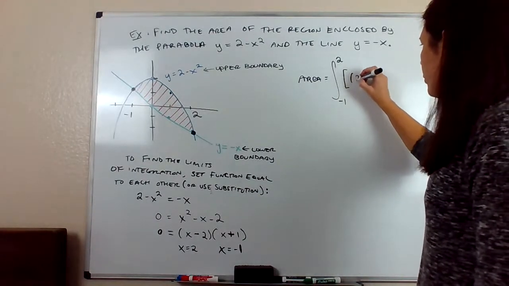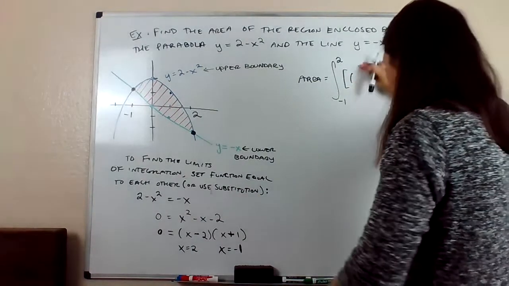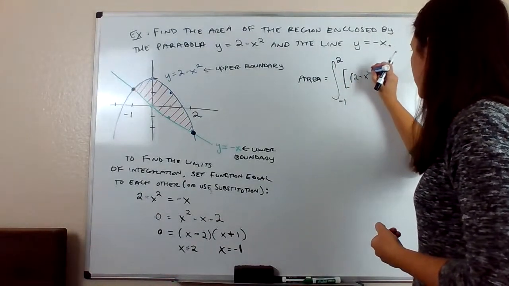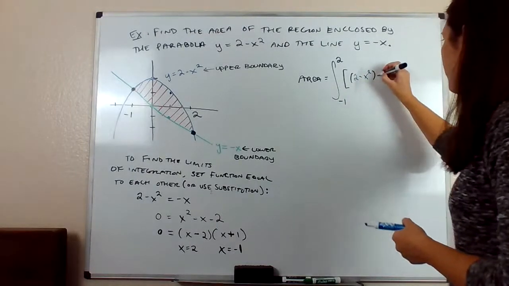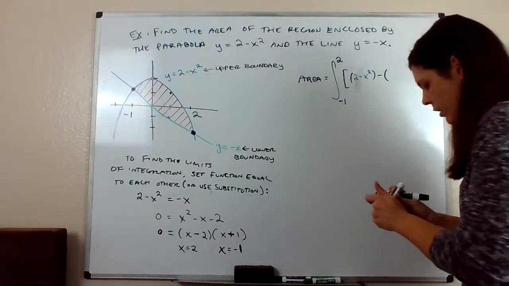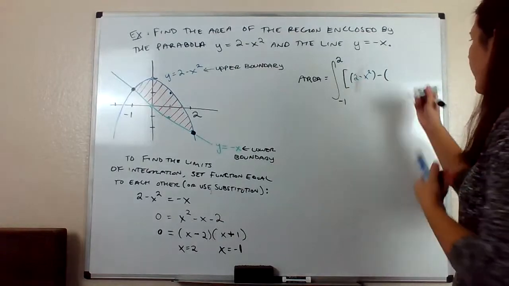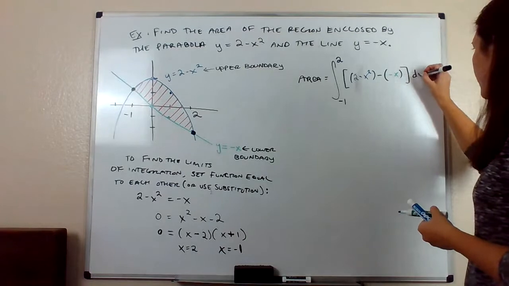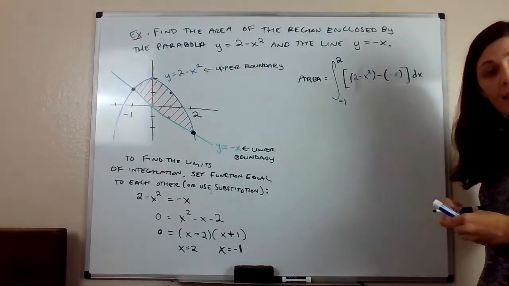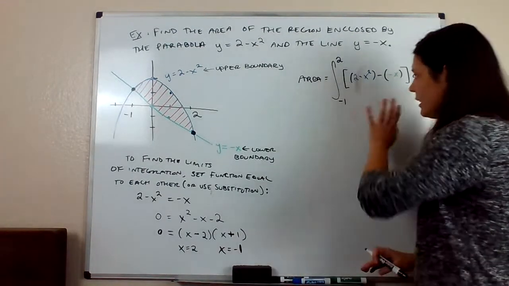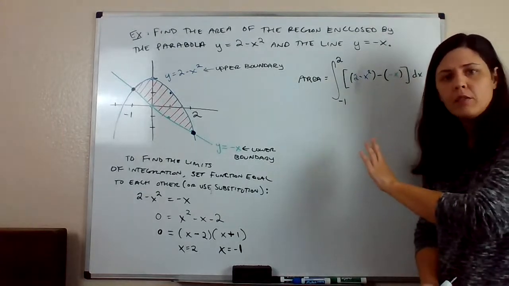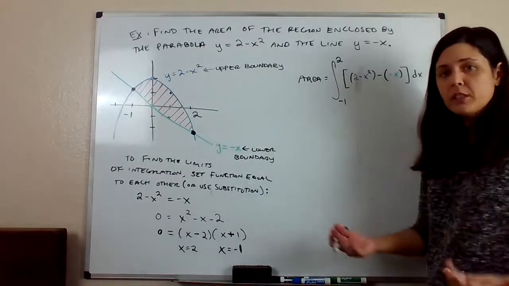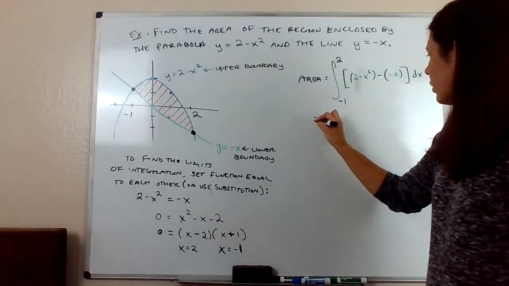So I'm going to say 2 minus x squared as my upper boundary minus my lower boundary, which was negative x. And this is all in terms of x, so dx. And now that I have my setup, this is not new. We know how to solve this integral. The setup was the new part. So now let's quickly just go through it.